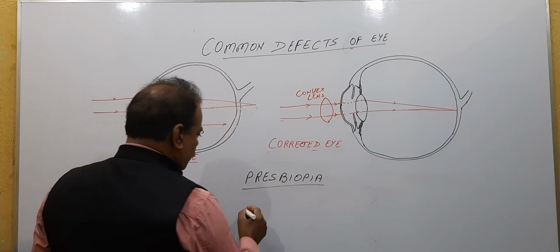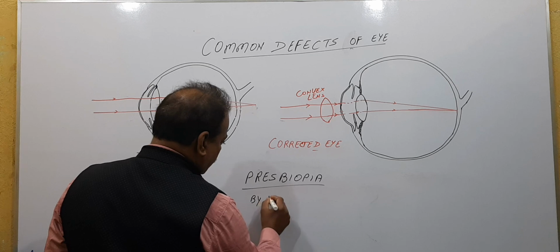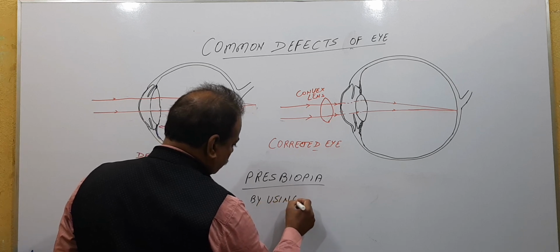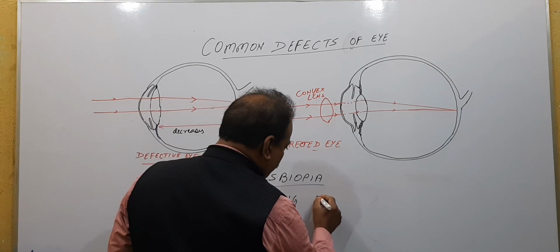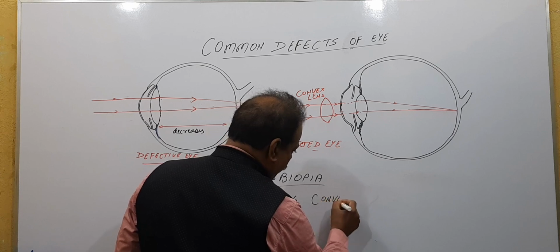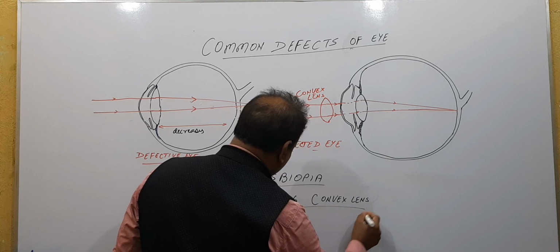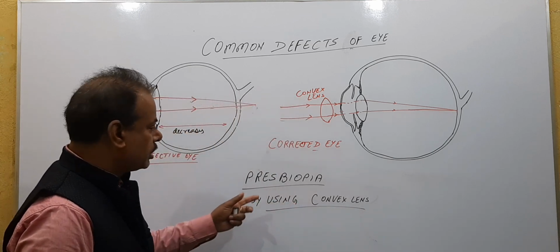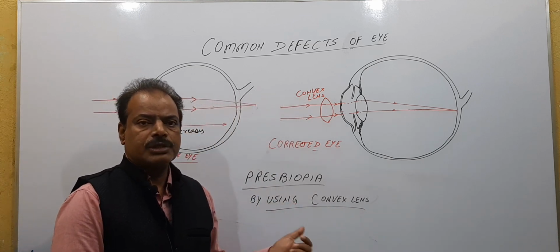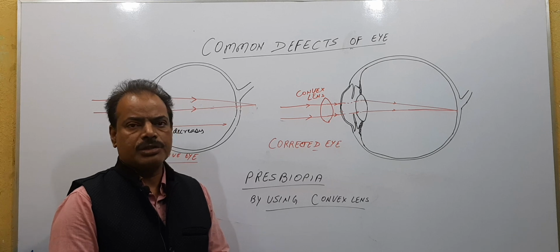It can be corrected by using a convex lens. So a convex lens can be used to treat presbyopia because here flexibility is lost.